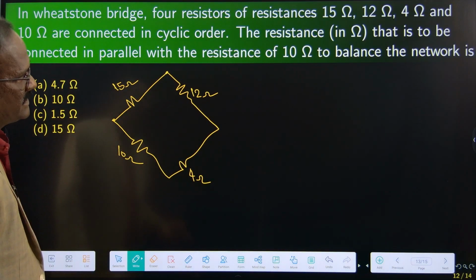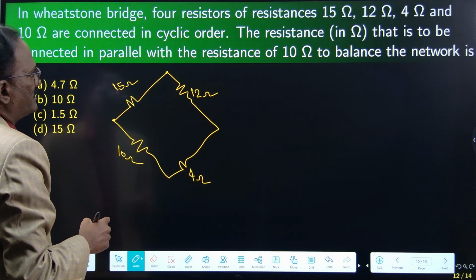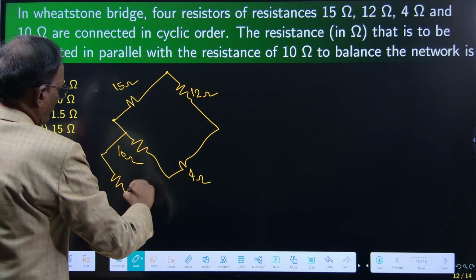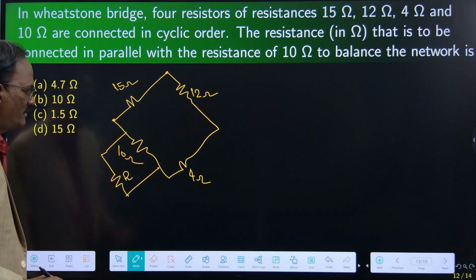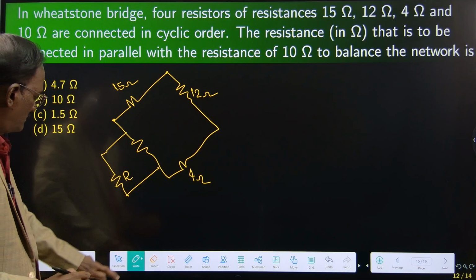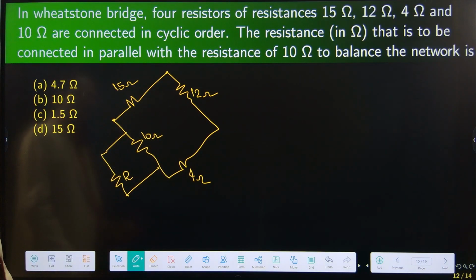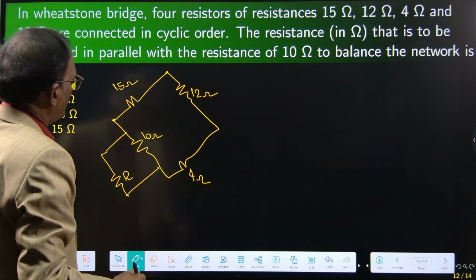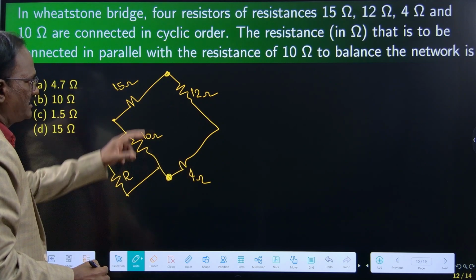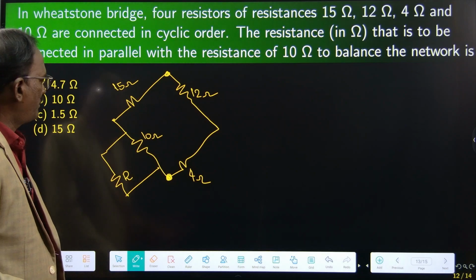What resistance, in ohms, is to be connected in parallel with the resistance of 10 ohms to balance the network? A resistance is to be connected here, in parallel with the 10 ohms, to make the potential at this point the same; then only it is balanced, right?